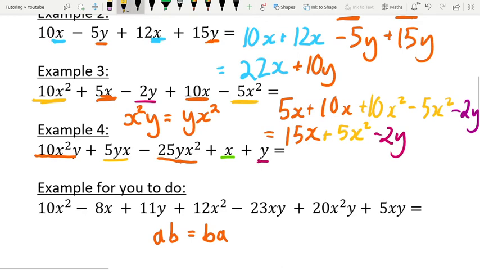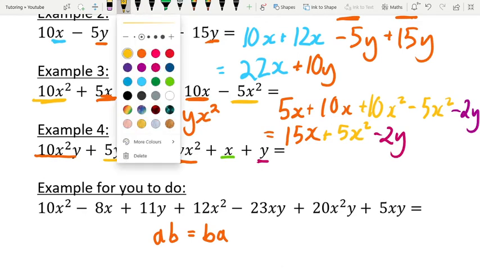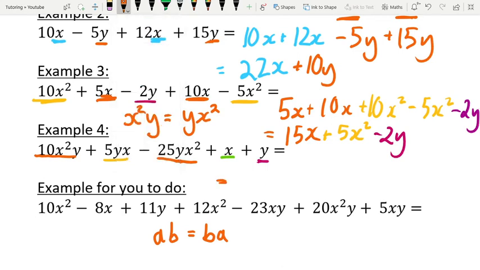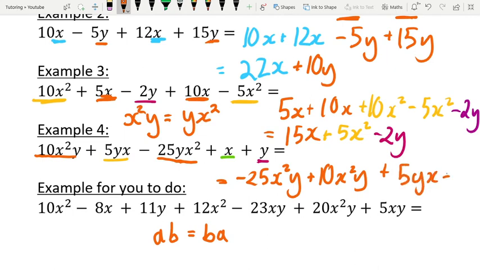So for this example, there's not much to write. We can see our minus 25, well, we can just change this to x squared y now, because they're basically the same thing, plus your 10 x squared y go together, and then I'm not going to bother changing the colours. On the end, it's just going to be 5yx plus x plus y.